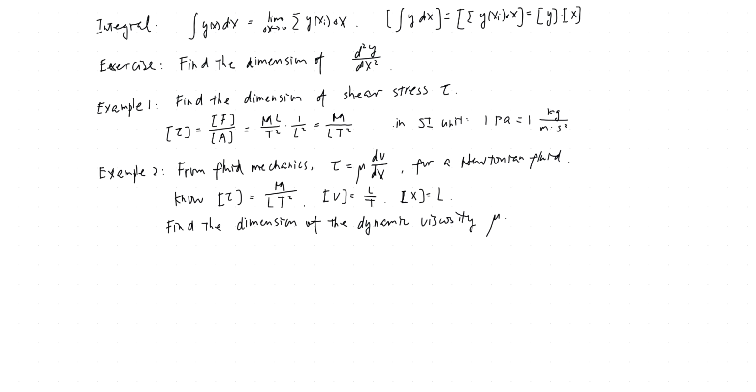So from the equation, the dimension of tau would be the same as the dimension of the right-hand side, mu times dv/dx. We just said that you can operate on dimensions by using multiplication. So the dimension of dynamic viscosity multiplied by the dimension of dv/dx should be the same as tau.